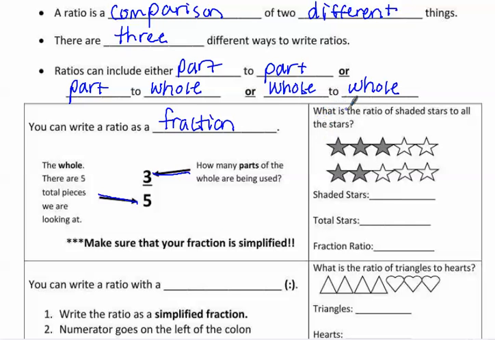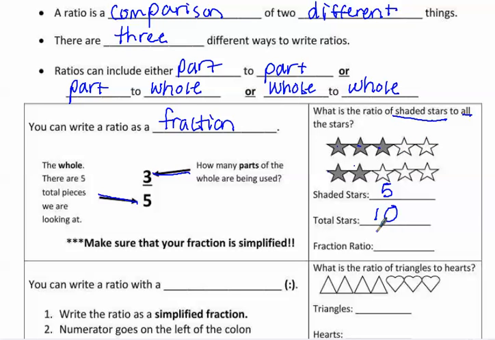For example, write the ratio of shaded stars to all the stars. There are 1, 2, 3, 4, 5 shaded stars. There are 1, 2, 3, 4, 5, 10 total stars.